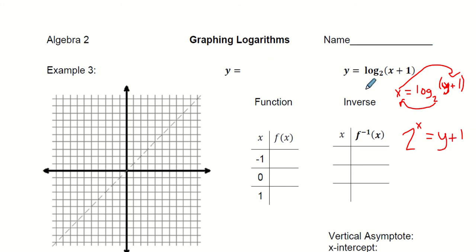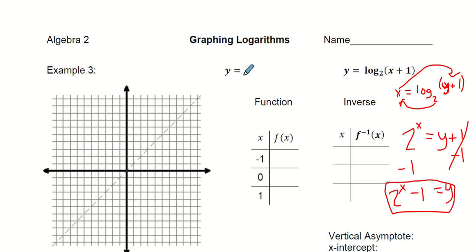So first step, switch the x and y. Second step is to get the log by itself, which in this case it already is. And then third step, rewrite. And then the fourth step is get the y by itself. So we would have to subtract 1 from both sides. So y equals 2 to the x minus 1.